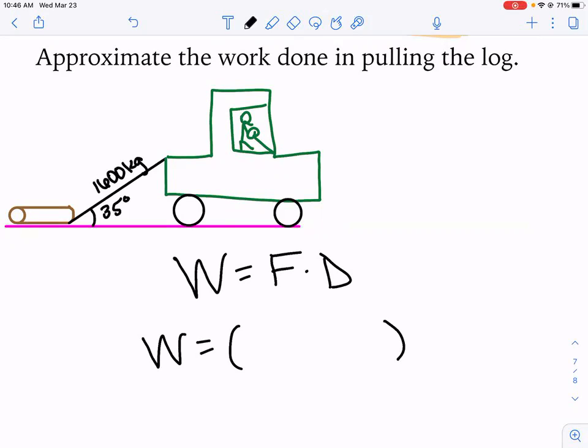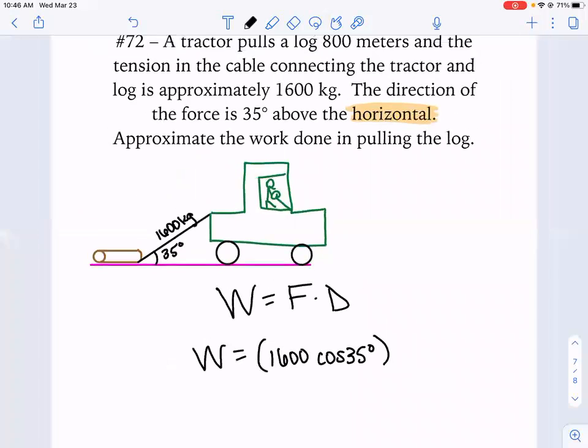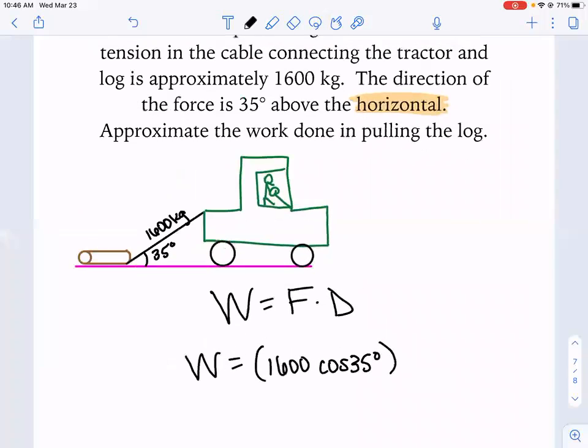So since this log is moving horizontal, our force is not 1,600. Our force is 1,600 times the cosine of 35 because that's the horizontal component of our vector. And it said 800 meters.